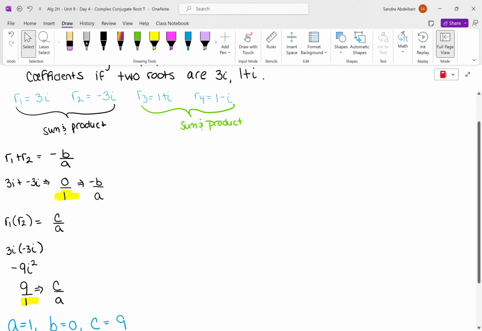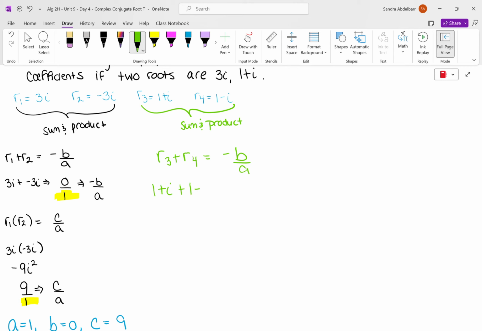Let's go back up. So now we know R3 plus R4 will give us negative b over a. So I have 1 plus i plus 1 minus i, which will give us 2 over 1, and that's negative b over a. So I found the sum of the roots. What am I going to do now?